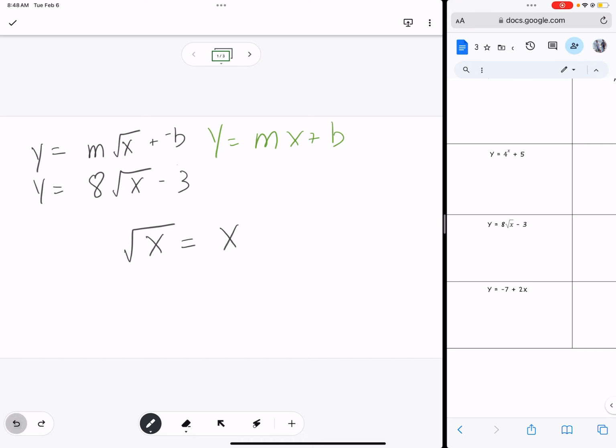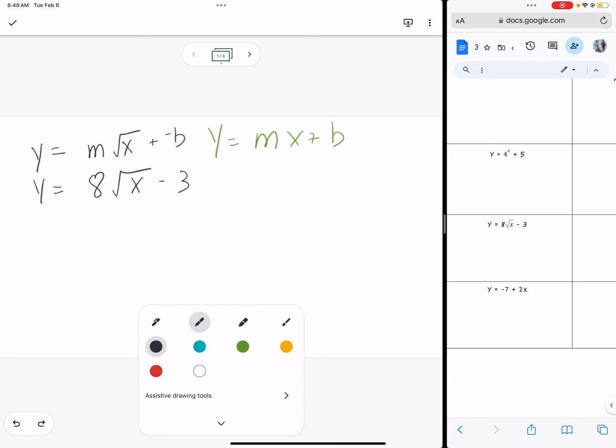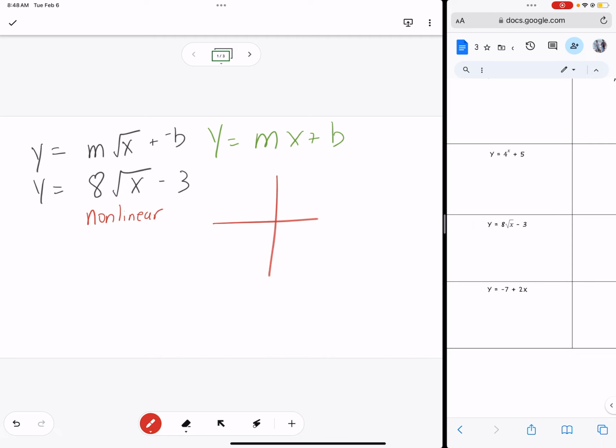That is not allowed if you want a linear expression. So this is a curved line. It is nonlinear. You can still graph it. It'll look something like this. It would not pass the vertical line test. It would not be a function, and it's not linear.